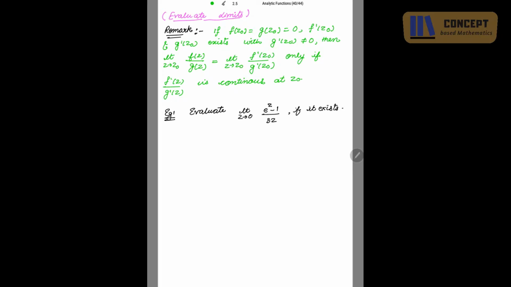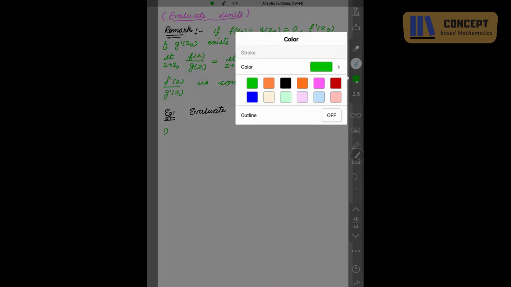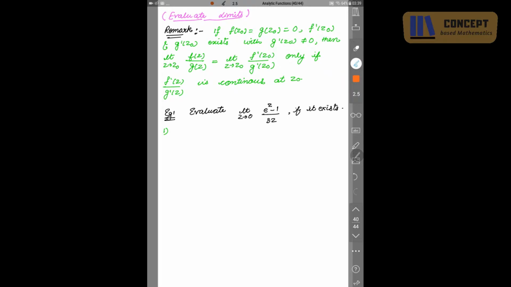So there is an example to evaluate the limit. Evaluate limit z tends to 0 e the power z minus 1 over 3z if it exists. Fine. So I'm having two functions.